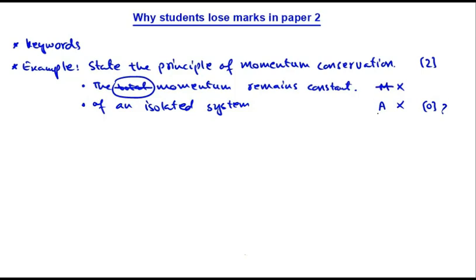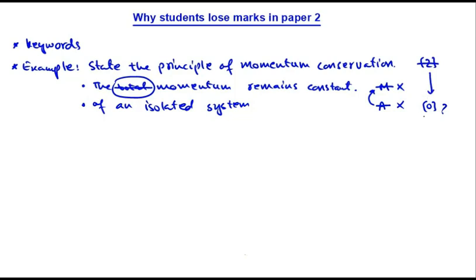And as for the A mark, according to the marking rules specified by the CIE, Cambridge International Examinations, it depends on the M mark. And if a candidate fails to score an M mark in a part of a question, he loses all the A marks of that part too. So here, as you can see, omitting just one word, total, from the statement of principle of momentum conservation costs us 2 marks and we end up getting a 0.